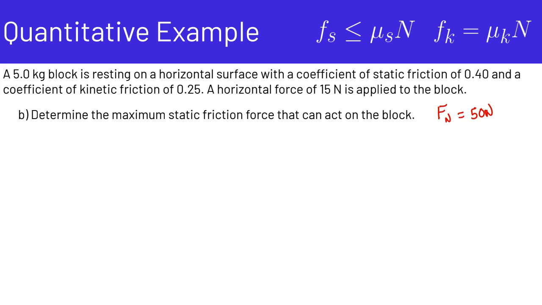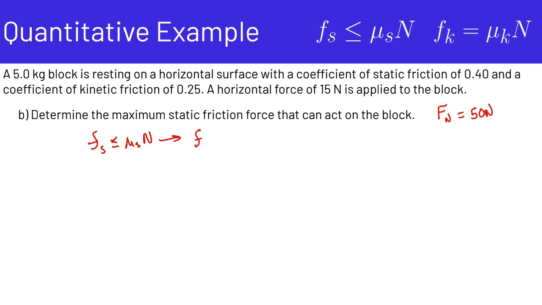Static friction force, F sub S, is less than or equal to mu sub S, so this is the coefficient of static friction, times the normal force. So the most that the static friction can be is the coefficient of static friction times the normal force.